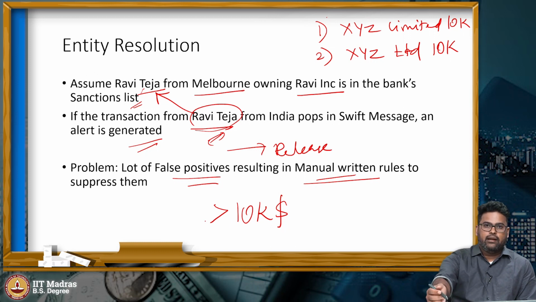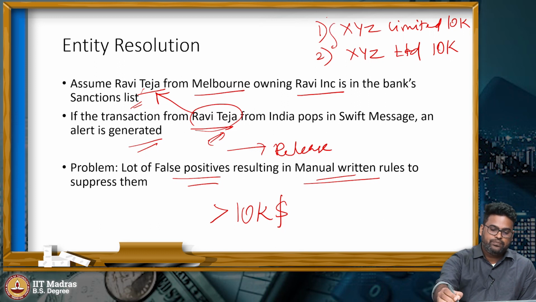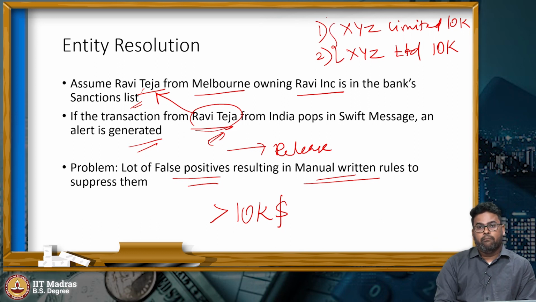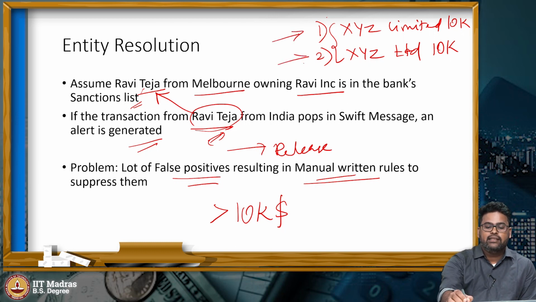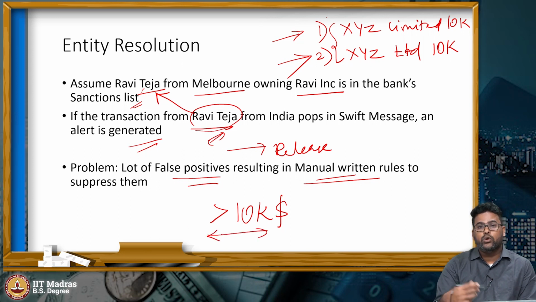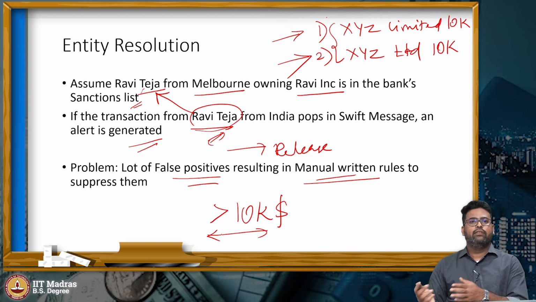Now, if the bank's anti-money laundering system is trying to combine or do a group by on the name of the particular entity, these two will be treated as separate entities. So they will not breach the threshold set in place, and they will not go for investigation. Later, if it is found out that these are money laundering transactions, the bank has to pay a huge fine.